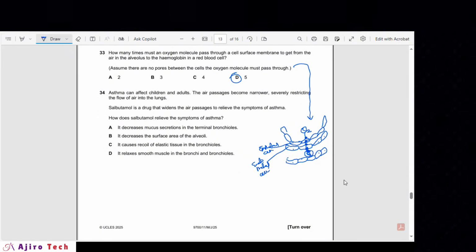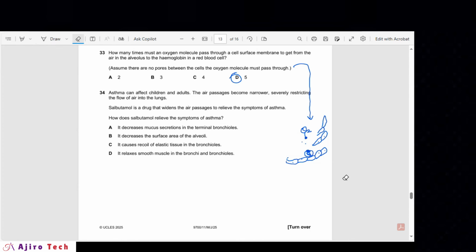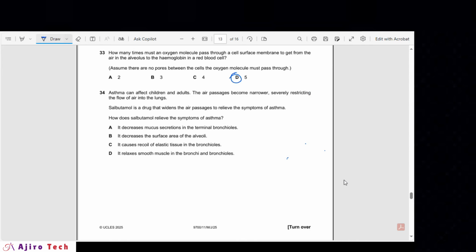Asthma can affect children and adults. The air passages become narrower, severely restricting the flow of air into the lungs. But we have salbutamol, which is a drug that widens the air passages to relieve the symptoms of asthma. How does this drug relieve the symptoms?